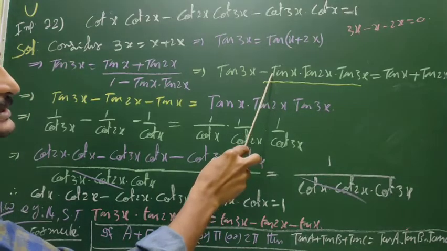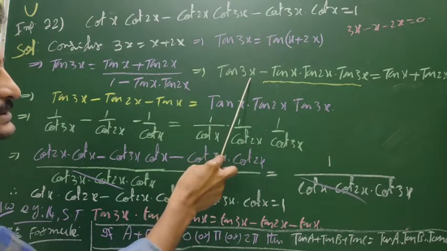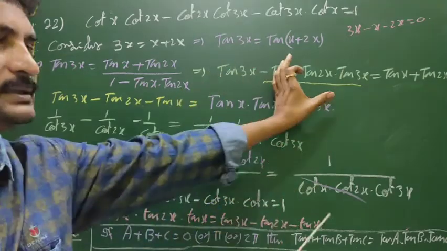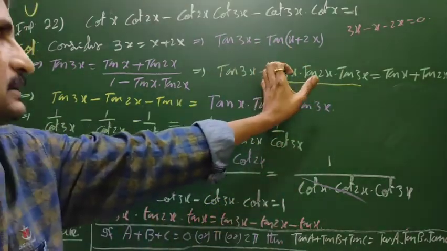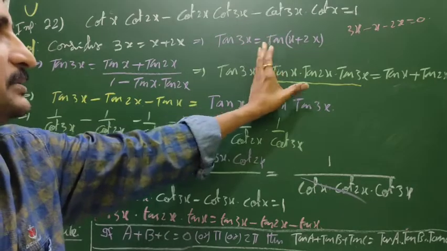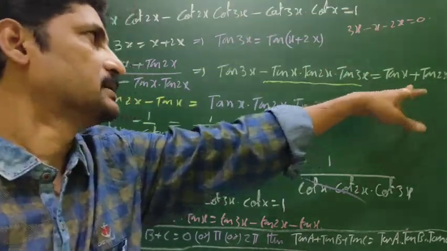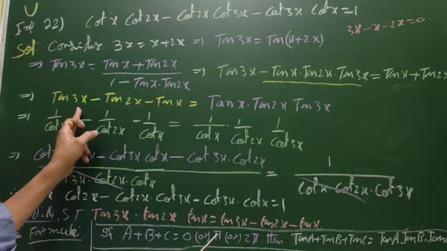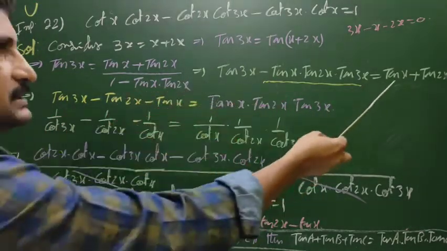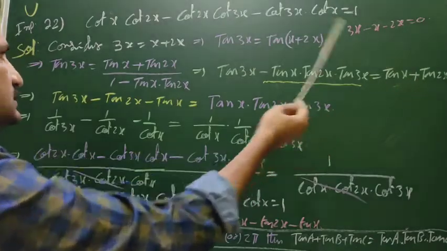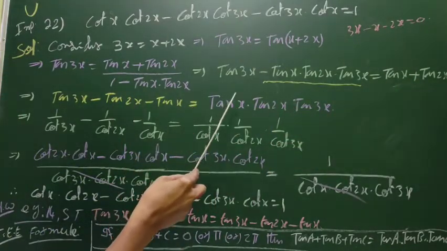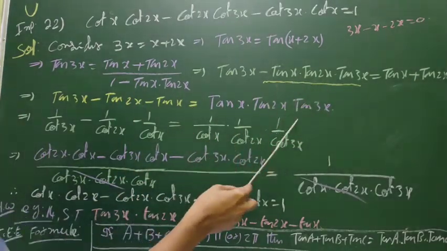Now there are two terms: tan 3x is one term and this is another term. This negative term, write on that side, and the two terms tan x and tan 2x write on this side. Tan 3x minus tan x minus tan 2x is equal to this product.